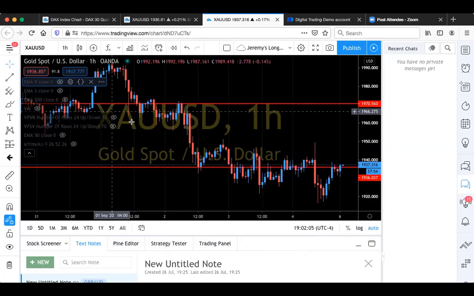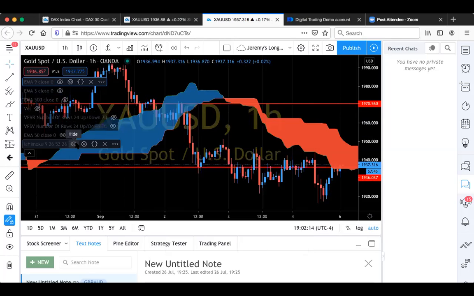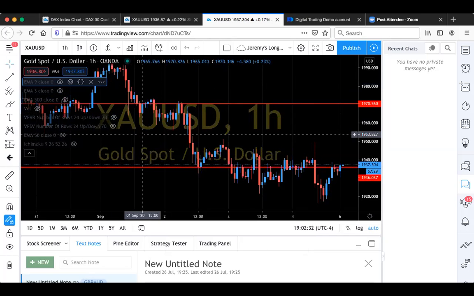And if you wanted to use other indicators, like this one right here, the Ichimoku cloud, you do the same process I was just doing, and then it'll pop up like this and show you the cloud. There are different strategies that you can do with the cloud as well. The majority of indicators are support and resistance just in the past.